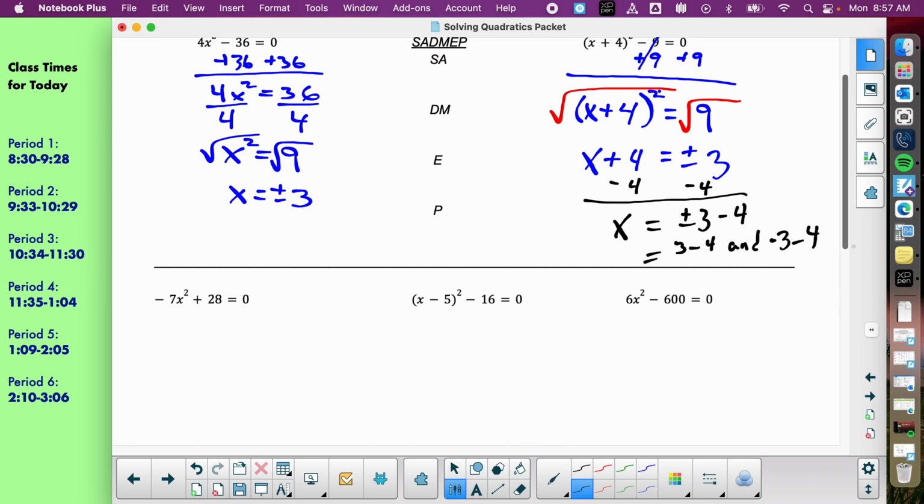The plus and minus means it's two separate answers. Now we don't ever care if the plus and minus is the only number as the answer. That just means it's two answers. But if there's other things with it, then we have to make sure to finish it. So 3 minus 4 would be negative 1. Negative 3 minus 4 is negative 7.